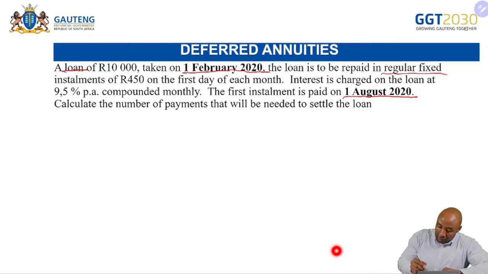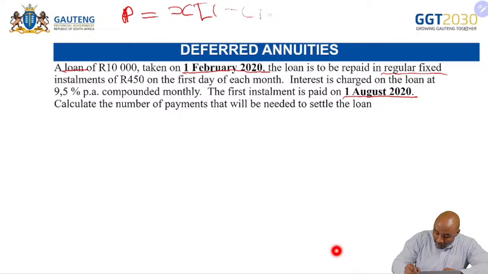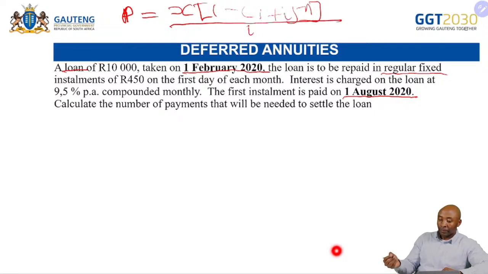It's a loan, so we are able to see that this is a present value annuity. Our P is equal to X times 1 minus 1 plus I to the power negative N, all this over I, fractional line there.